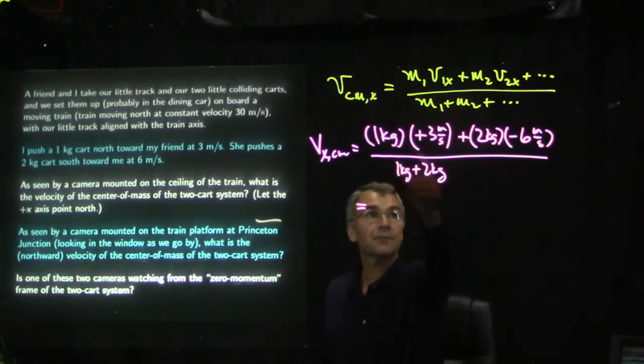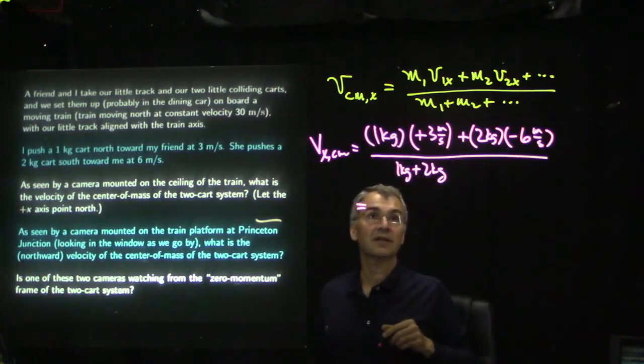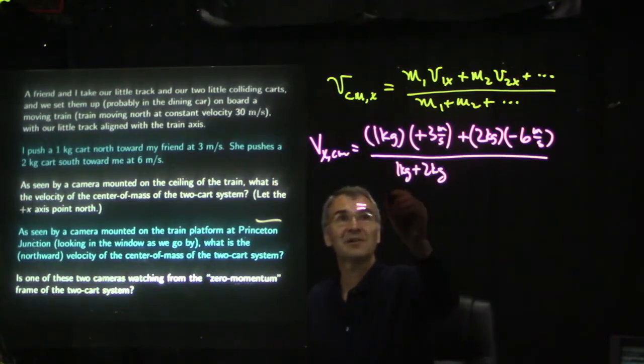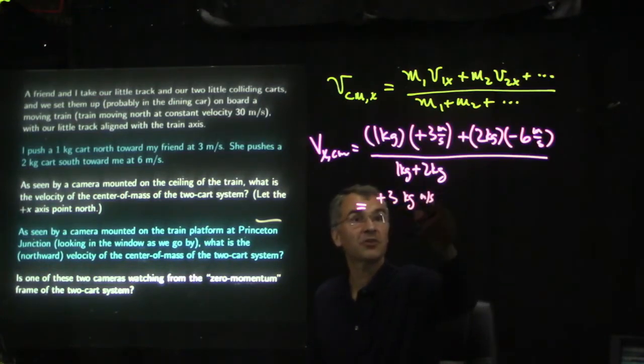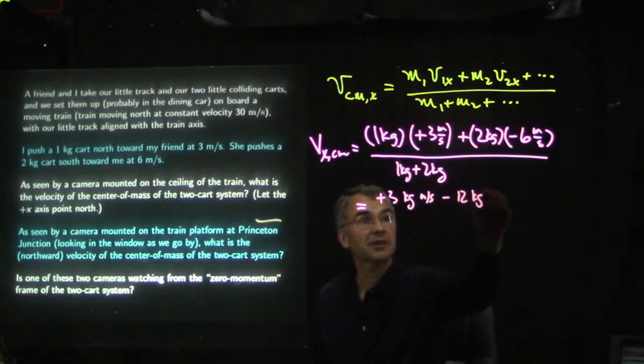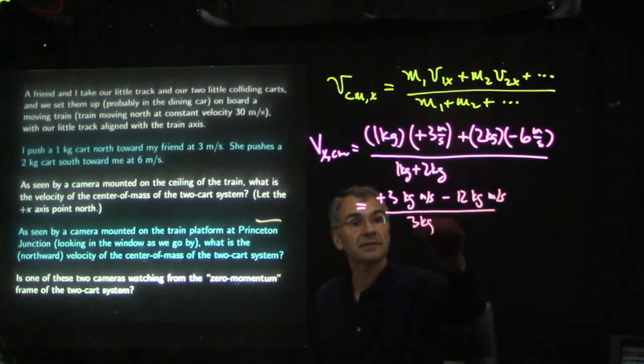Right, so here's minus 12 plus 3. So that's plus 3 kilogram meters per second. Oh, wow, that's units of momentum, you see? Minus 12 kilogram meters per second divided by 3 kilograms.